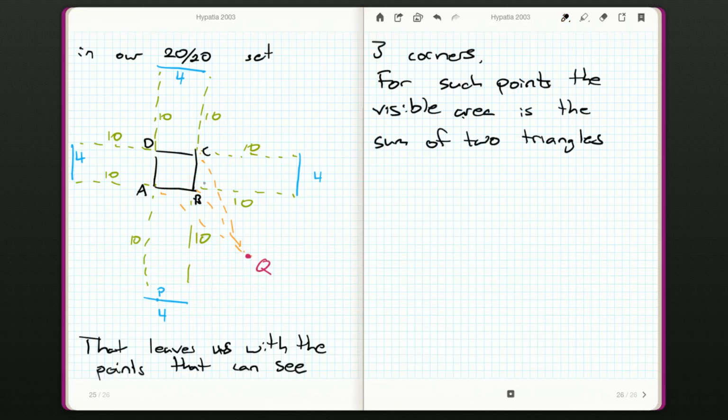Right? This is the other case. Before it was 1 triangle, now we're adding up 2 triangles, just like in part B. And each of these triangles has a side of the square as a base.